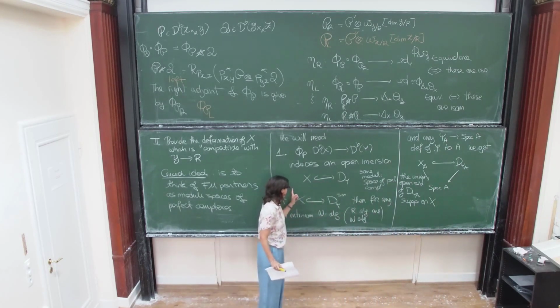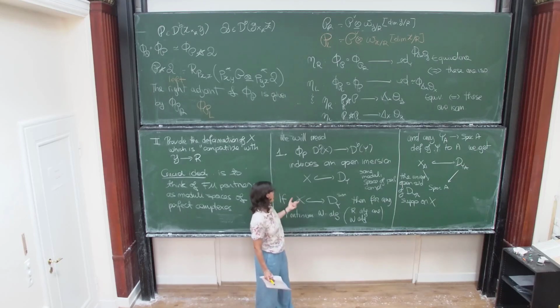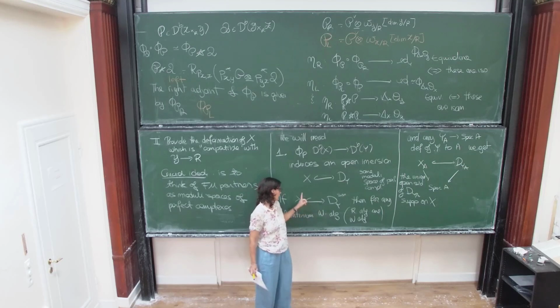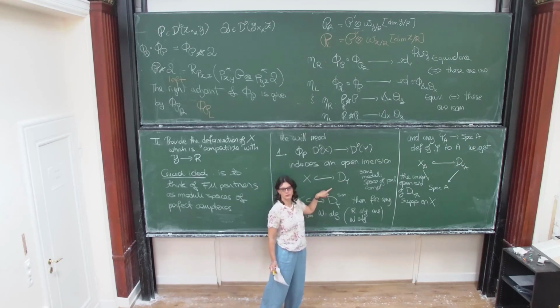What's the component of that stack? The reason is how the morphisms go: set-theoretically, to a point of X you associate P_x, and then you have to look at the tangent space at that point.